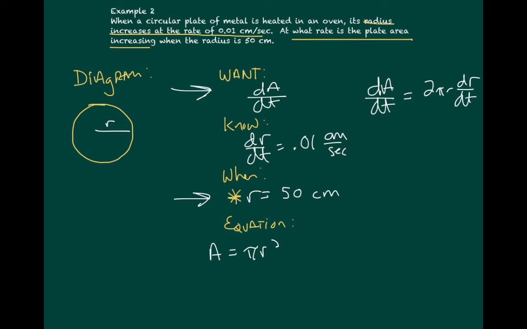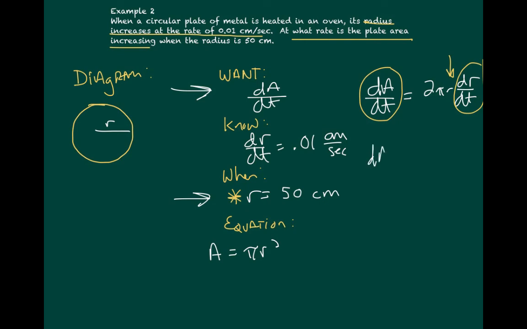And so there we have it. We have the rate we want, dA/dt, and the rate we know, dr/dt, in the same equation. We also have a spot for the radius, and at the instant that it's 50 centimeters, it has all the parts of the problem that we need. So let's plug in what we know and solve.